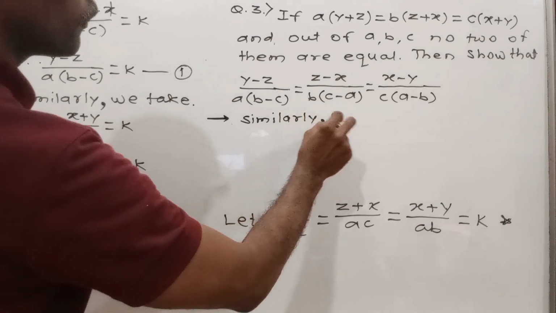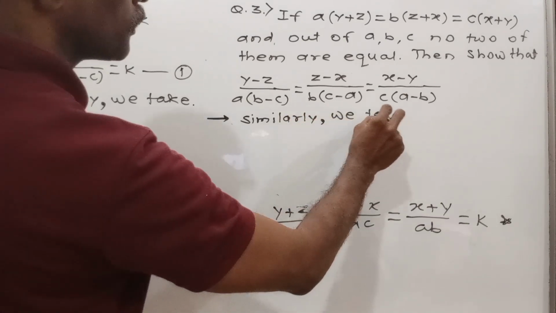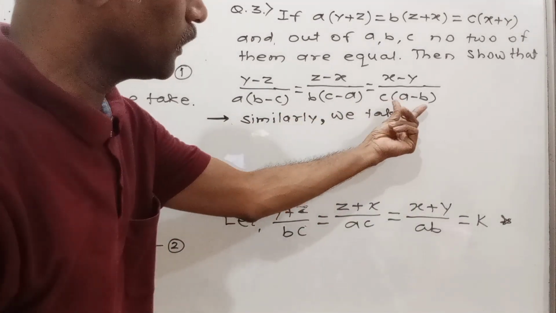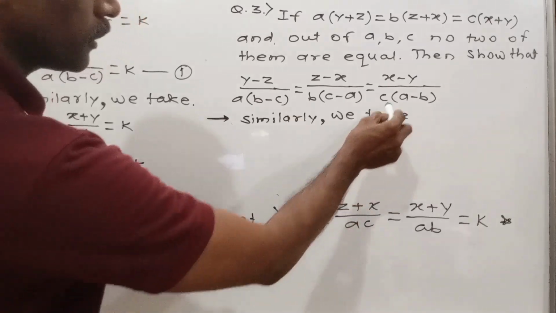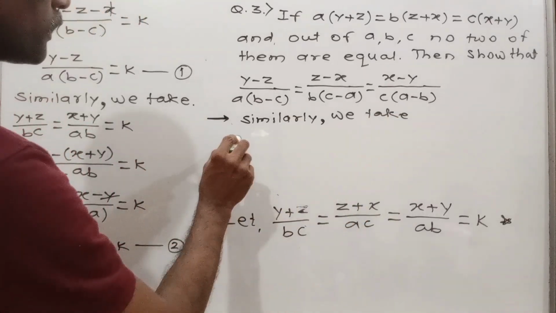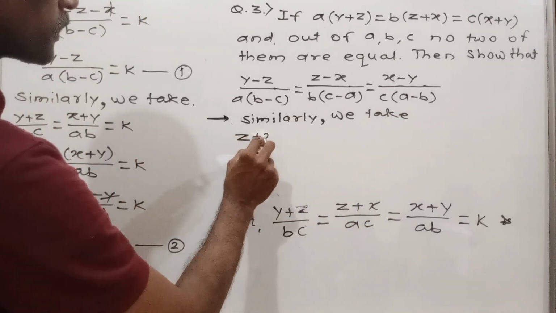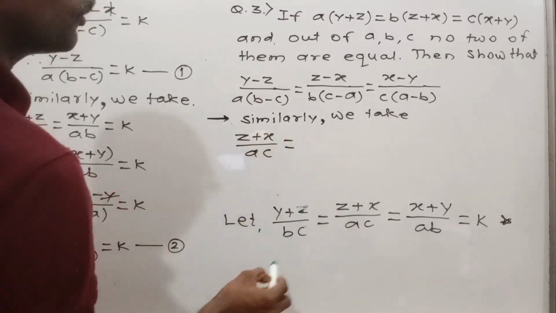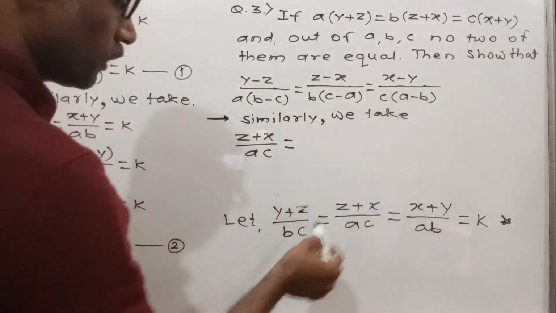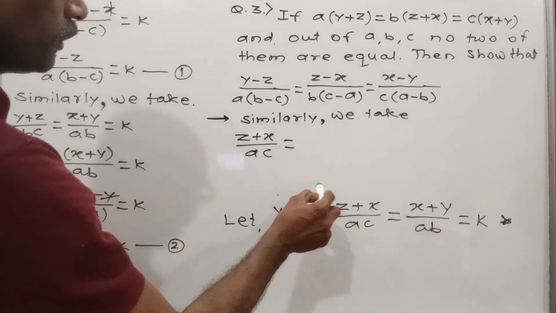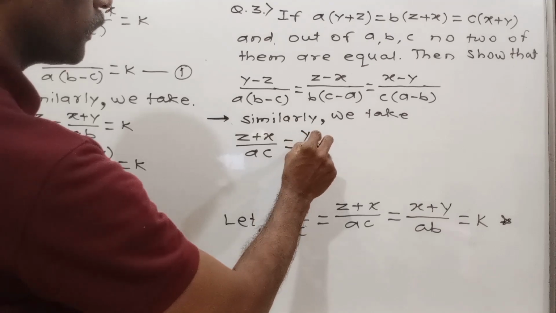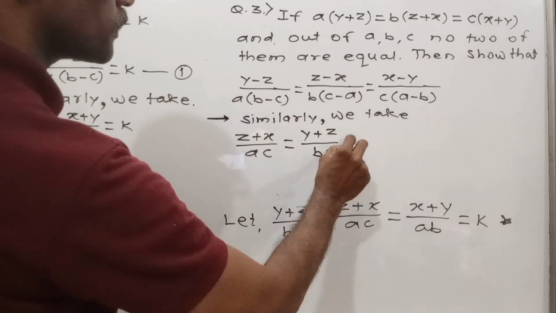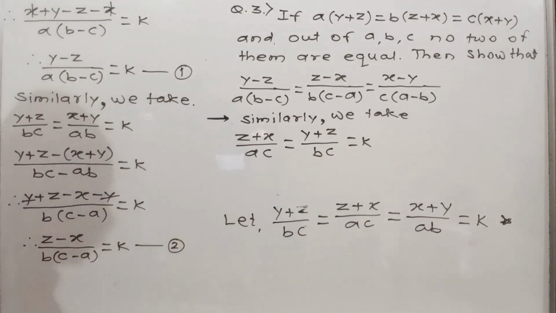Similarly, we write this. We want c(a − b), so we want ac first: (z + x)/ac = (y + z)/bc = k.